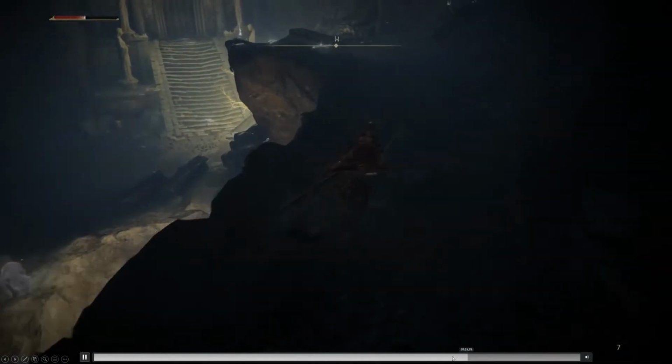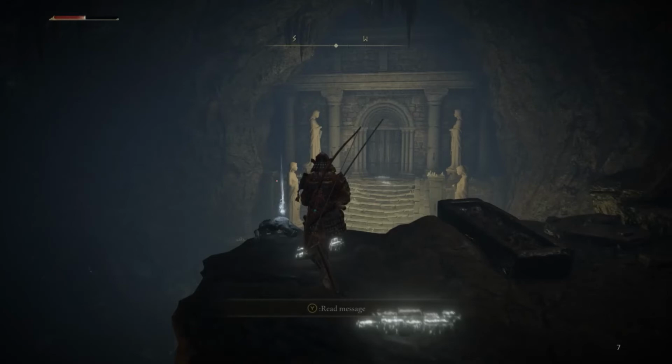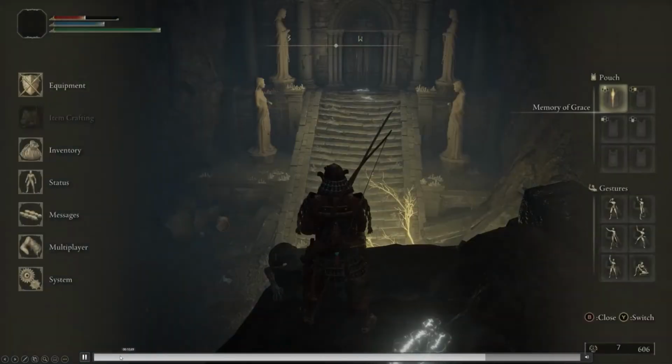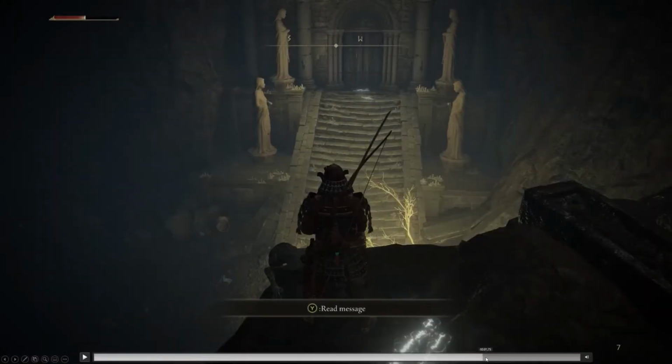And when we go out, we actually realize that we exit this tutorial area just next to this glowing, blinking thing that we saw from below. So this is a very cool thing that developers added as a reward for actually exploring more than necessary. But also it's a good way of presenting the player with new mechanics, because we got a strength gesture.